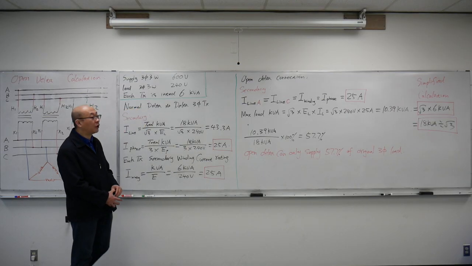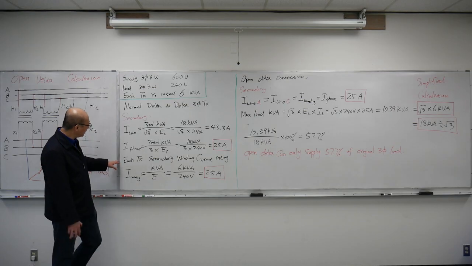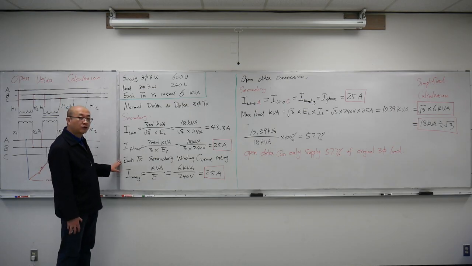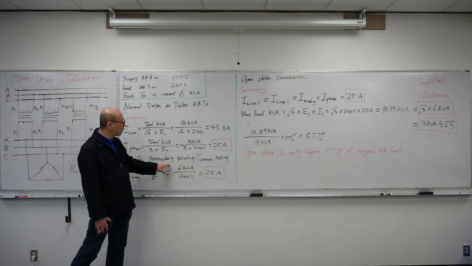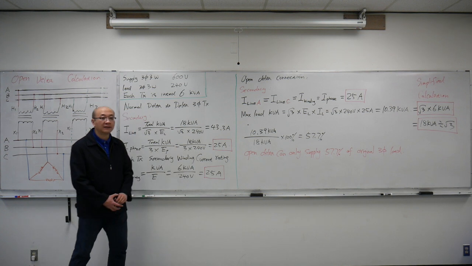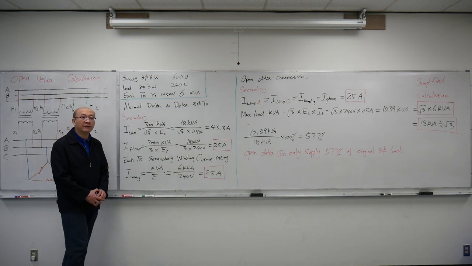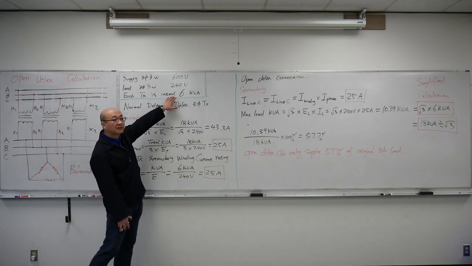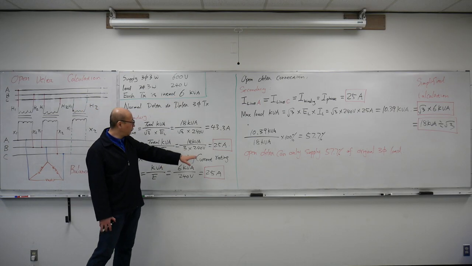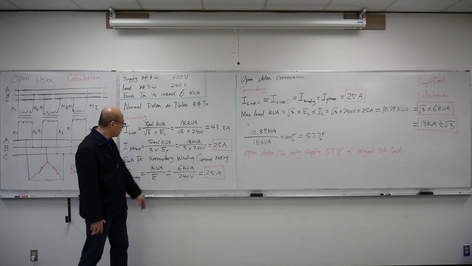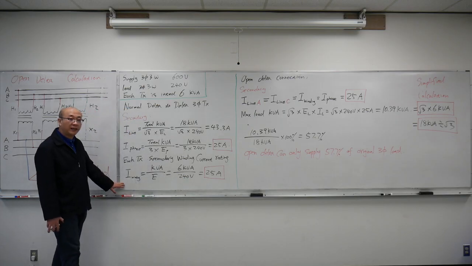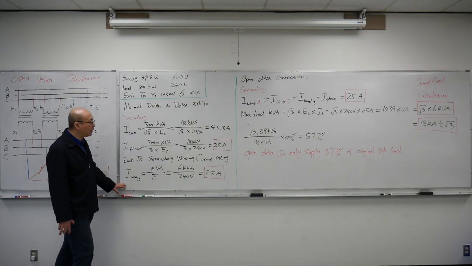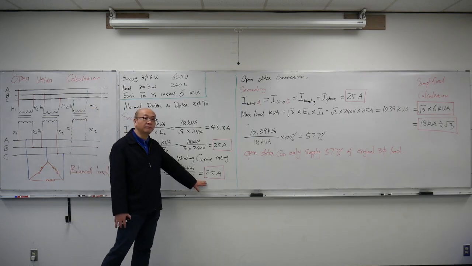That's under normal condition. Now we try to figure out the secondary winding current rating of each transformer. For an individual transformer, that's what you learned in second year: 6 kVA is the rating, 240 volts is the rating. We can find that the current rating for the transformer winding is 25 amps.